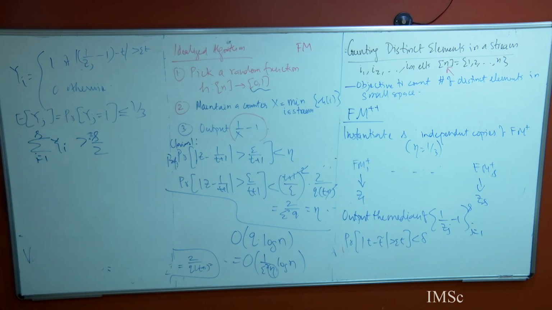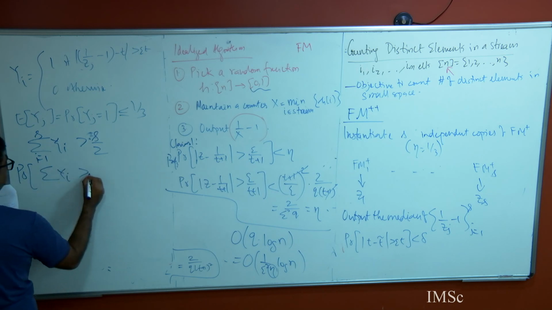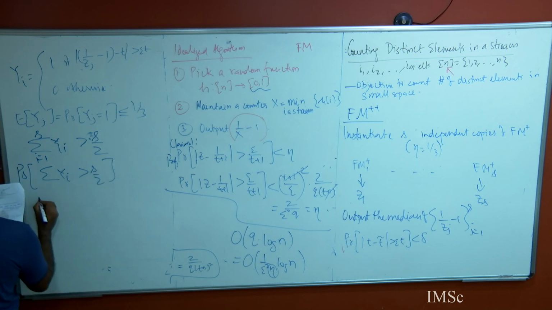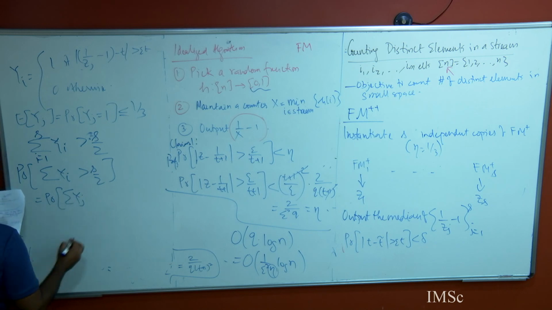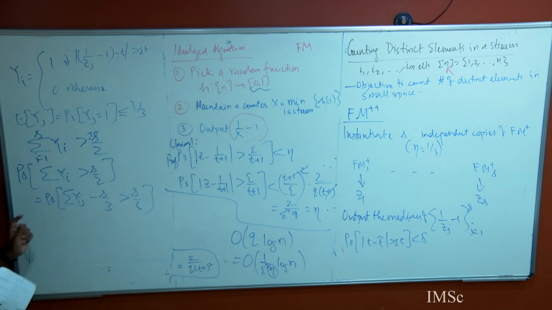So the probability that the summation of yi is at least S over 2 equals the probability that the summation of yj minus S over 3 is at least S over 6. And notice this time I don't need the absolute value, because the absolute is already there.